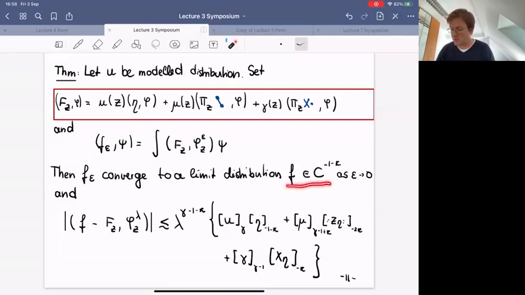And this limit distribution is only, of course, as good as the worst factor, which is this eta. So the distribution itself is only of regularity minus 1 minus kappa. But we have a very good local description for it, which means if you compare it to this germ on a ball of radius lambda around the base point, you get this estimate of order now gamma to the 1 minus 2.